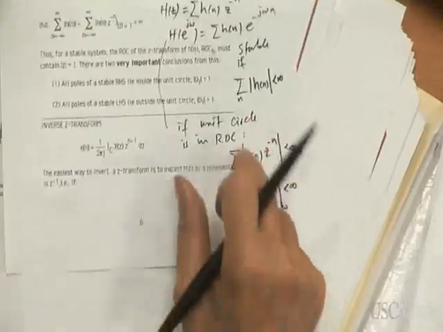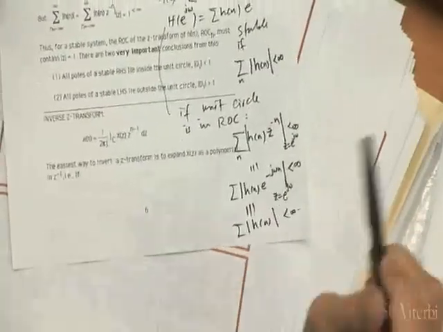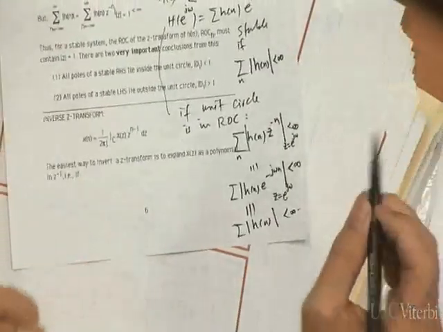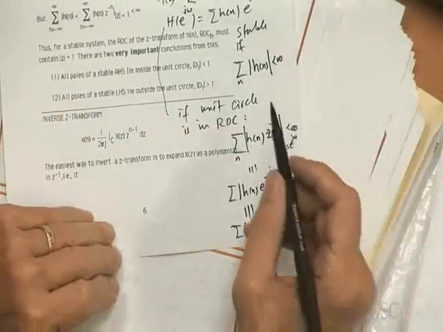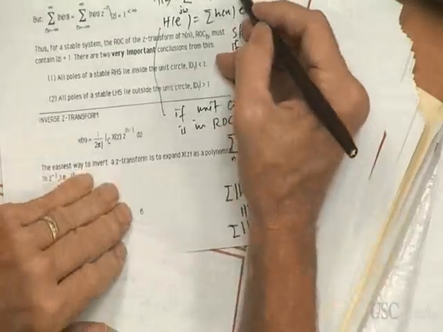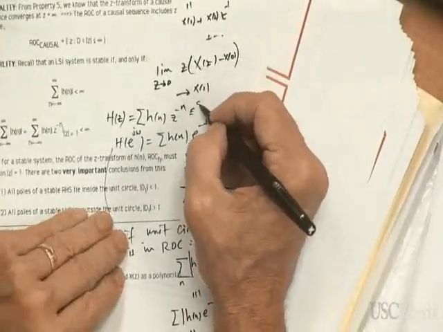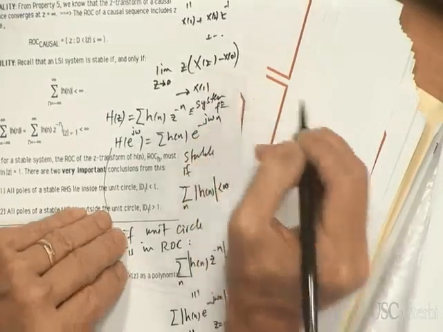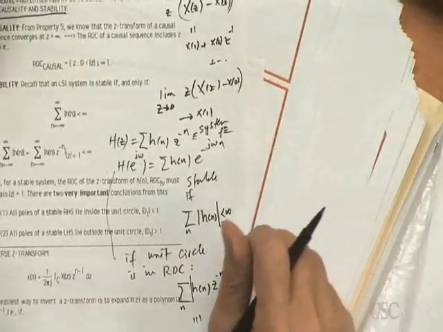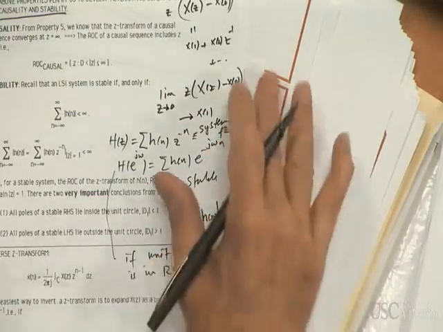So it's a nice, simple way to check for stability of linear shift invariant systems, by looking at the z transform of the impulse response, which, if you recall from last time, we called the system function. Okay, the frequency response is the DTFT of the impulse response. The system function is the z transform.